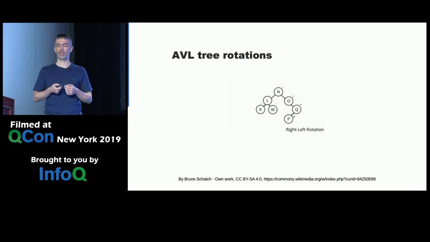One of these is going to happen on every insert, and there's a number of different ones. And after we delete an entry, the balance of the tree is going to change. So again, we're going to have to do some rearrangement. A different self-balancing tree implementation, like a red-black tree, has the same problem.